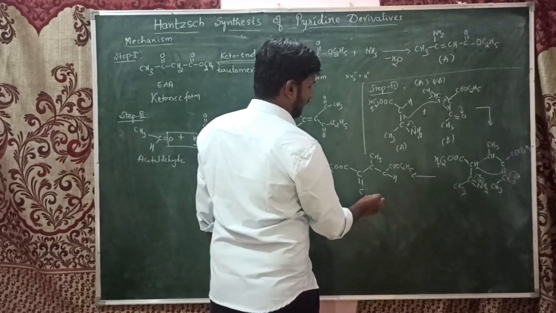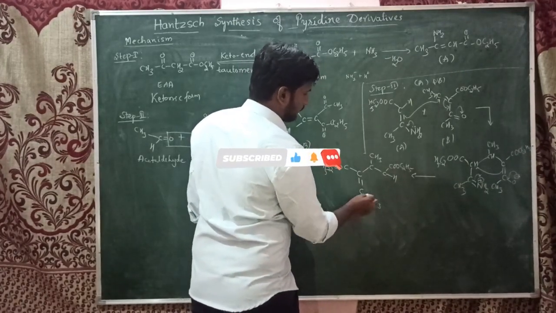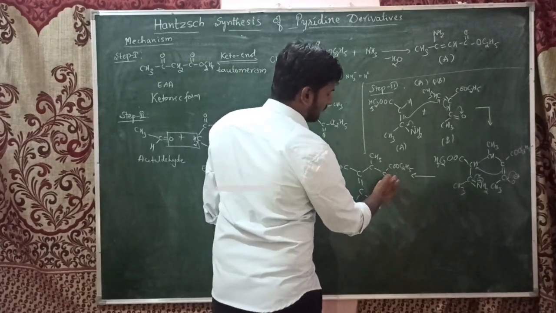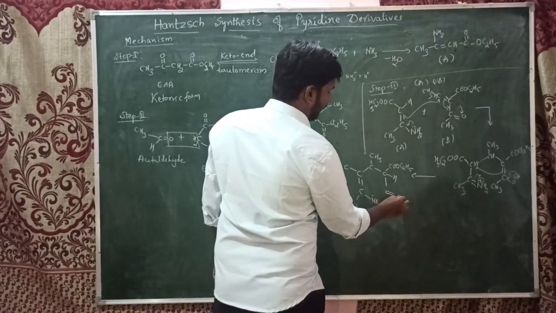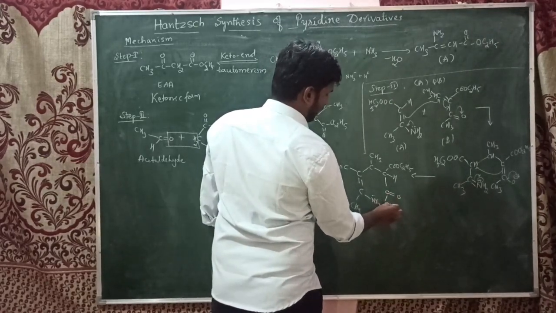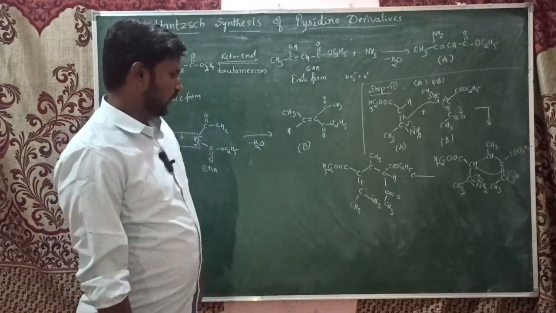NH3. Okay, again it gets this lone pair. CH3. Here now it becomes a single bond oxygen. It again becomes a double bond and CH3. CH3.